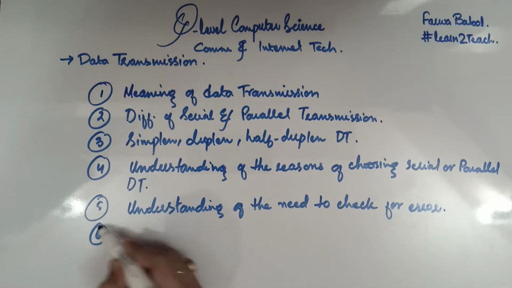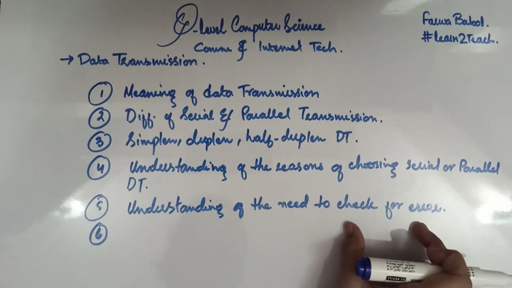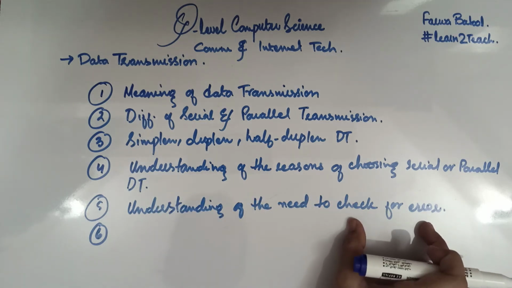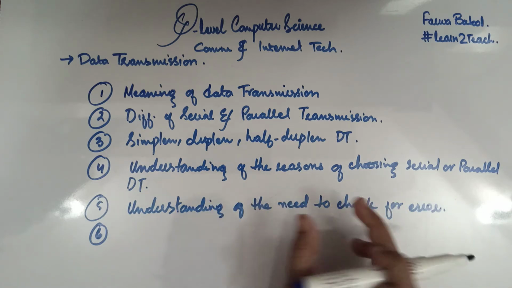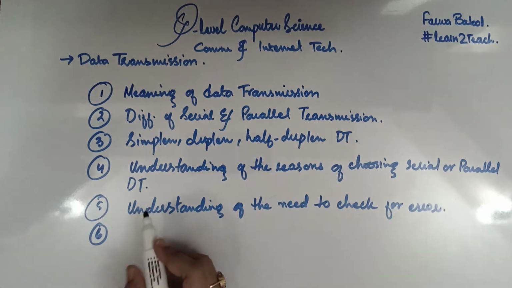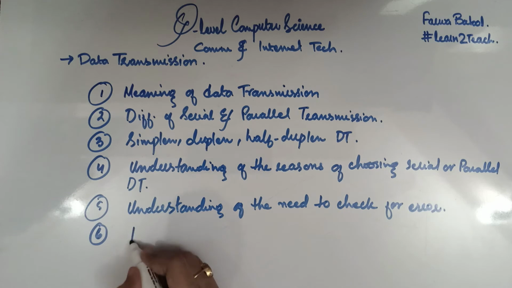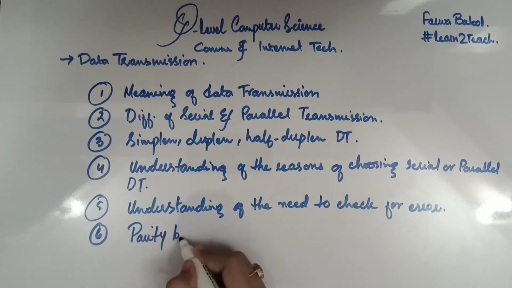The sixth thing is to explain how parity bits are used for error detection. If you are checking for or detecting errors inside data that is being transmitted from different devices, a method called parity checks is used. Inside parity checks you are going to have a parity bit.